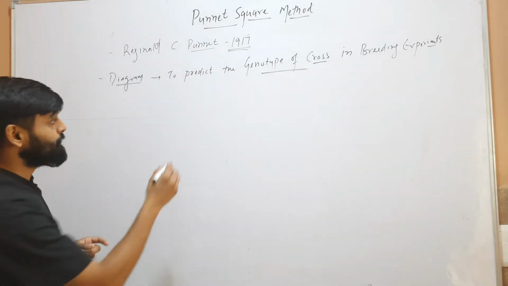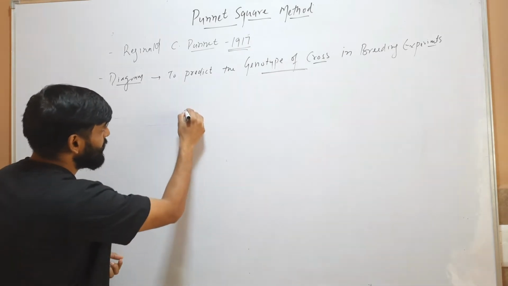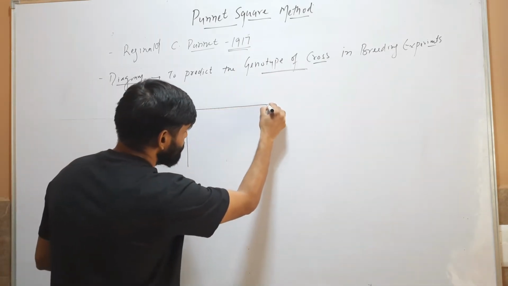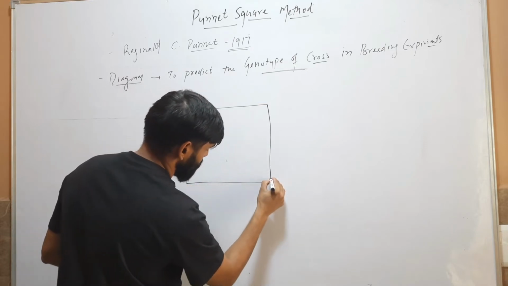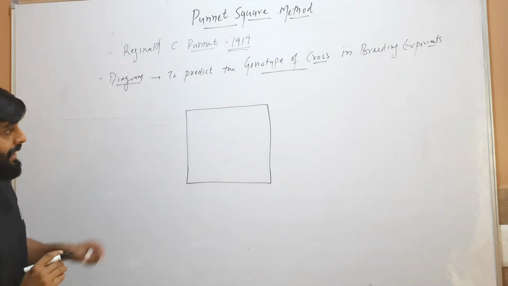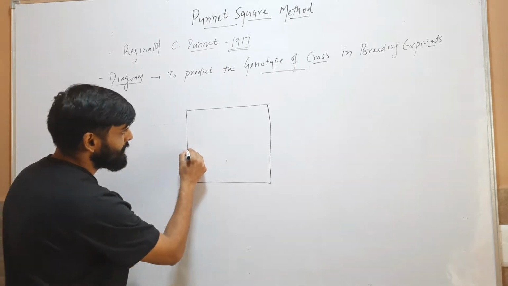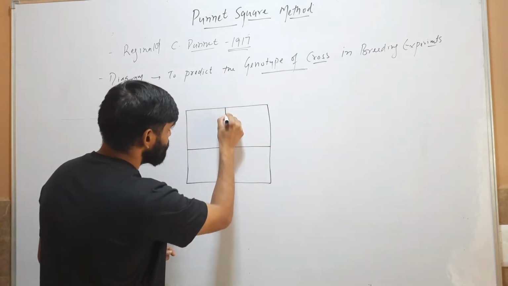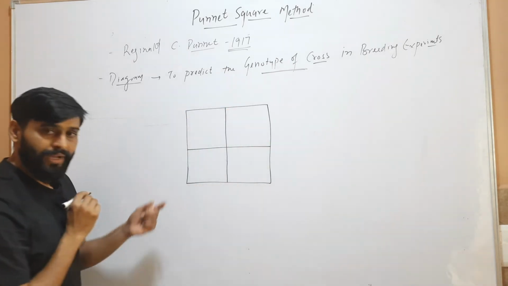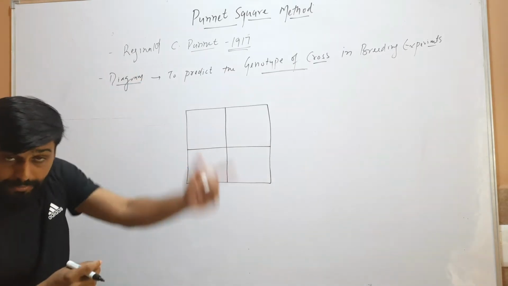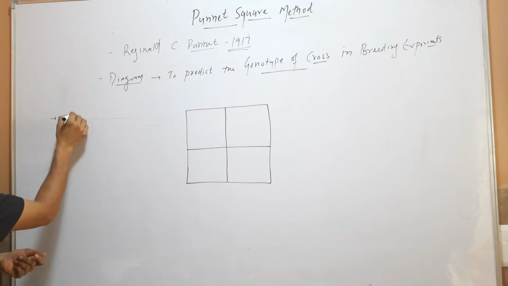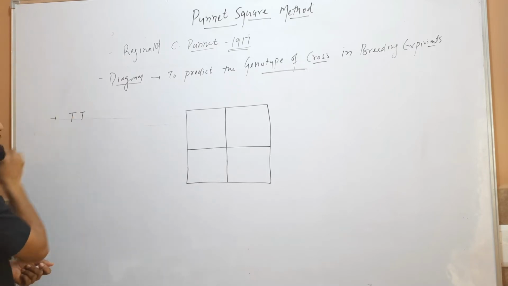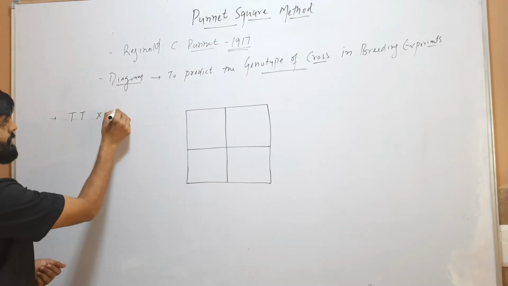In this diagram, first a large square is drawn. Then this square is divided into blocks by horizontal and longitudinal lines in between that cross. So suppose here I have to cross between capital T and small t.